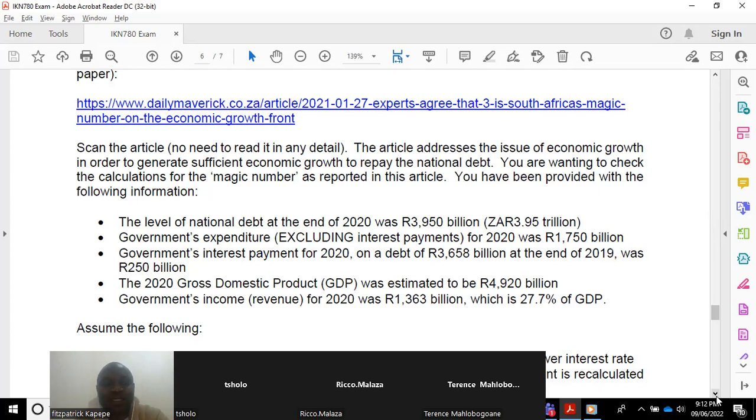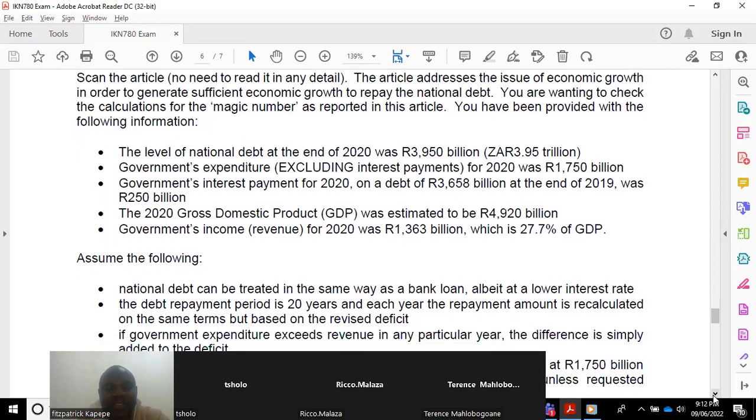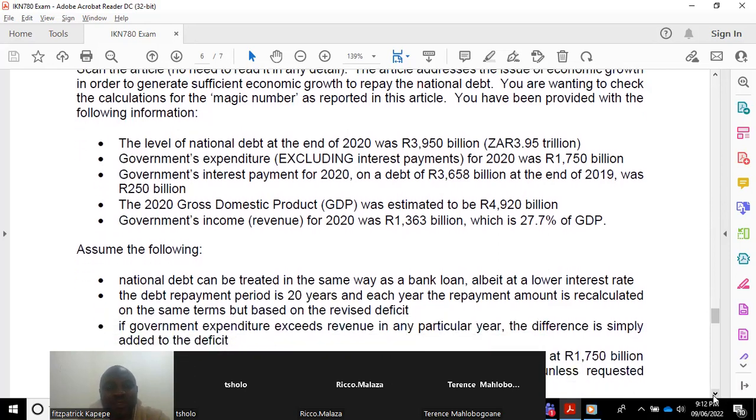You have been provided with the following information. The level of national debt at the end of 2020 was 3.950 billion rands. Government's expenditure excluding interest payments for 2020 was 1.750 billion.